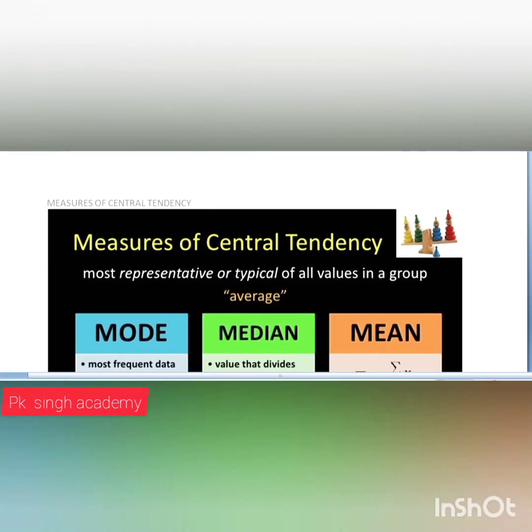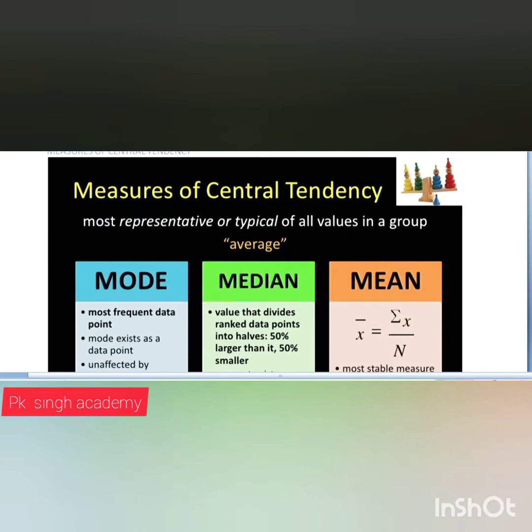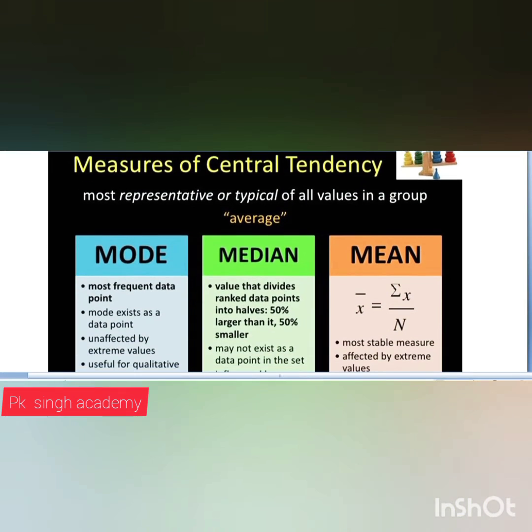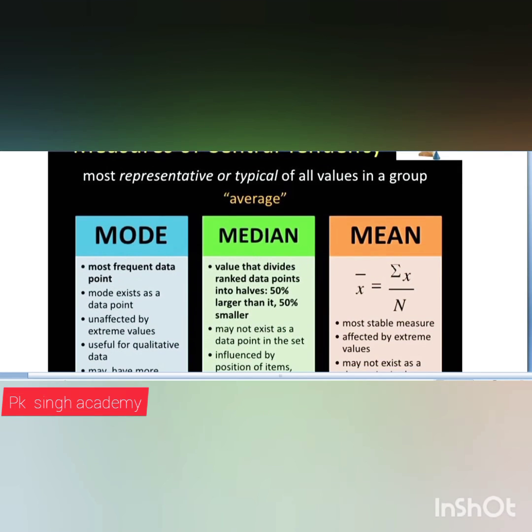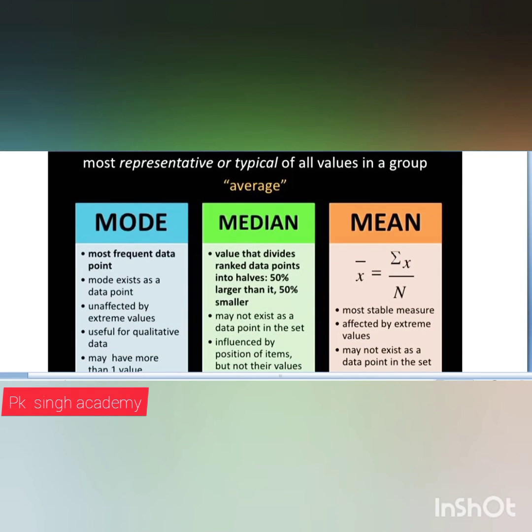These are the measures of central tendency. Here we will study in brief what mode, median, and mean are. What is mode? Mode is the most frequent data point, meaning the highest frequency.